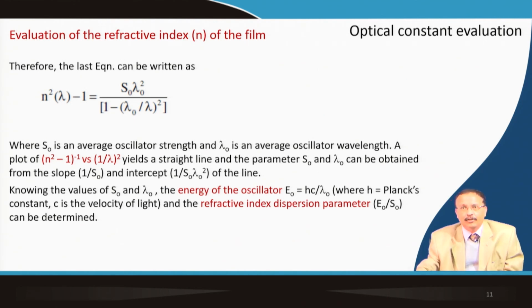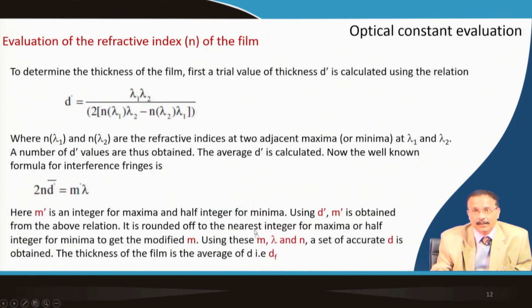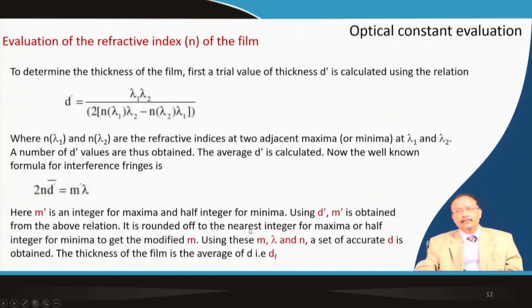If you know the value of S 0 and lambda 0, you can calculate the energy of the oscillator. You know that energy is h c by lambda, where c is the velocity of light. The refractive index dispersion parameter, the variation of n versus lambda, is given by E 0 by S 0, and that also can be determined from your n versus lambda plot following this Sellmeier type of dispersion.